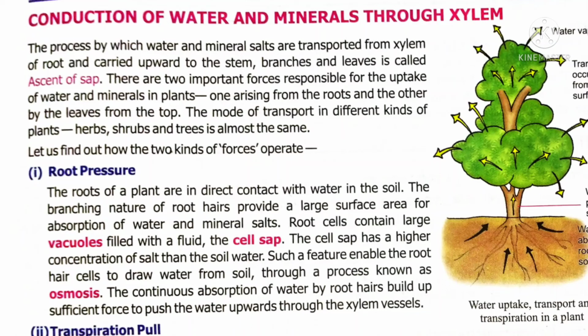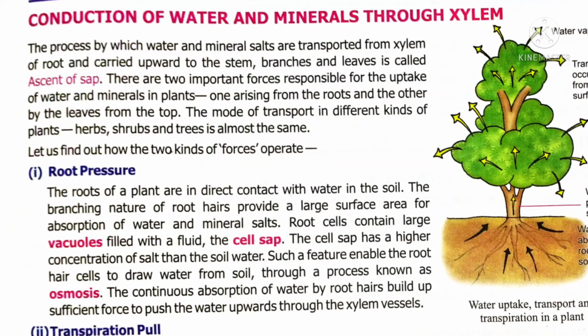I told you that every organism is made up of cells. Root is also made up of cells. These root cells contain large vacuoles which are filled with the cell sap. Cell sap has a higher concentration of salt than the soil water.